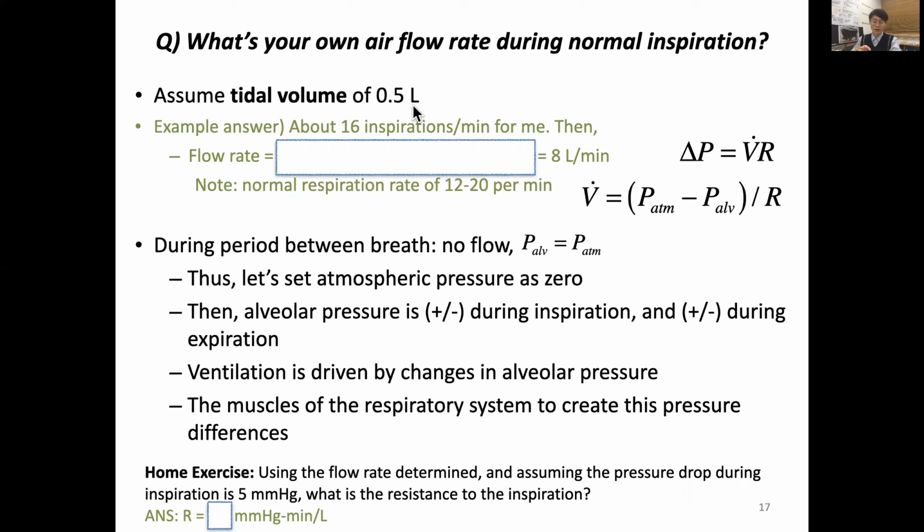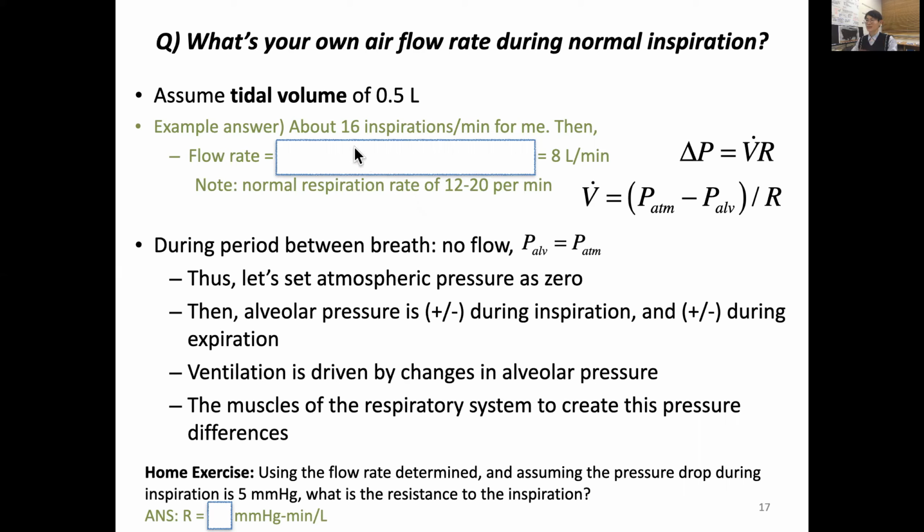So you have a timer set up, and then watch your breathing, and then just count 1, 2, 3. So go ahead and measure your own number of breaths per minute. In general, your normal respiration rate is usually 12 to 20 times per minute. If you're out of this range, you may want to pay attention too.